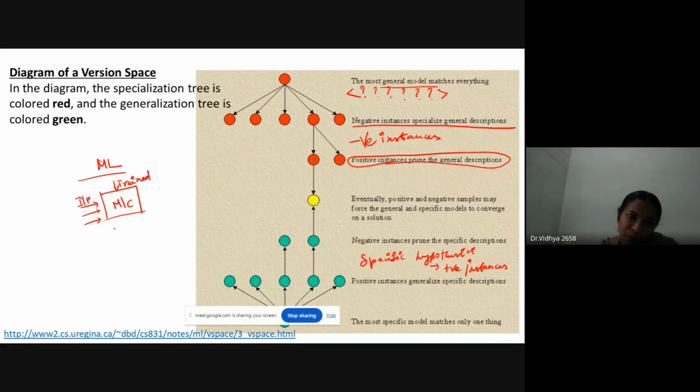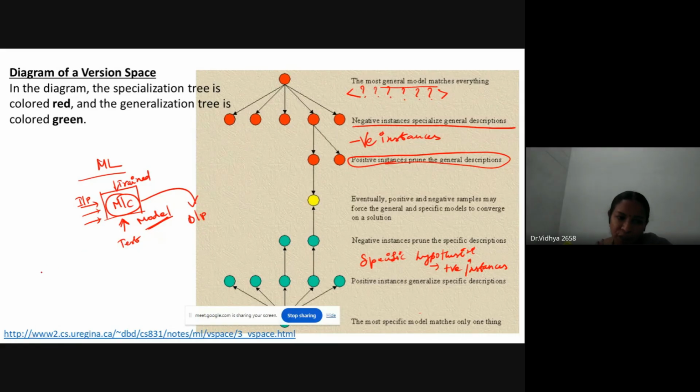After training, when any test inputs are given, that test instance should be properly evaluated by the model we are creating, and based on that it should produce the output.